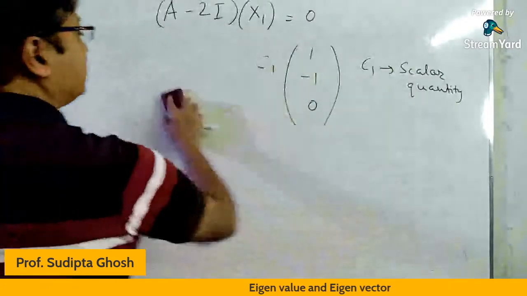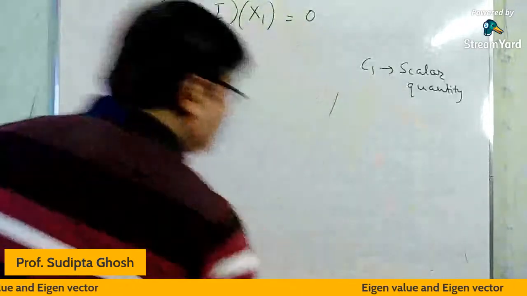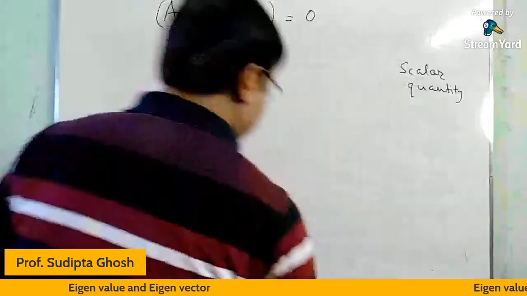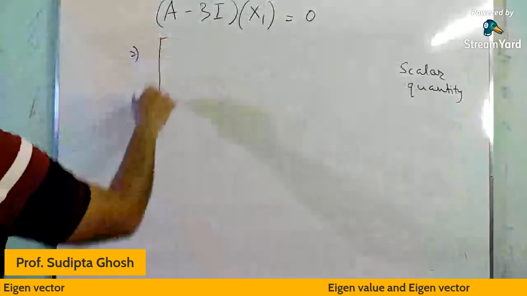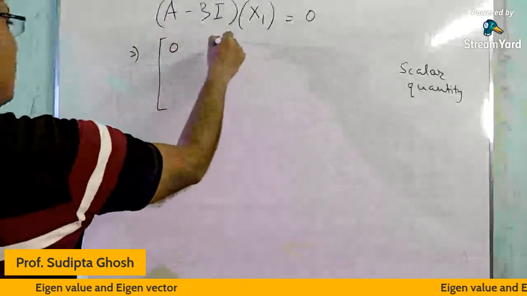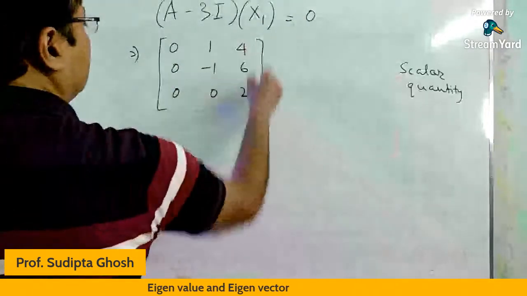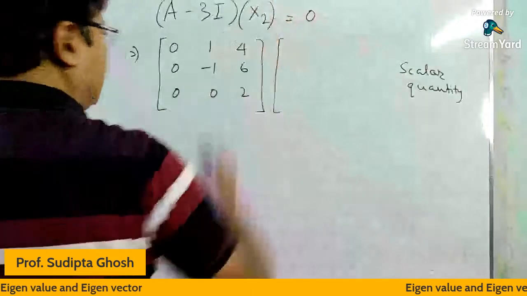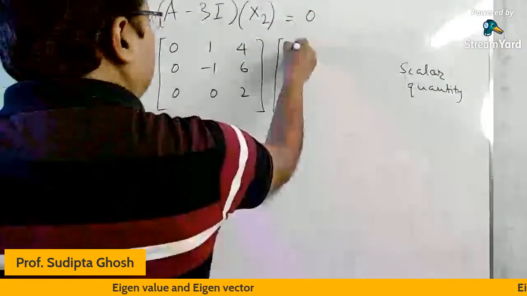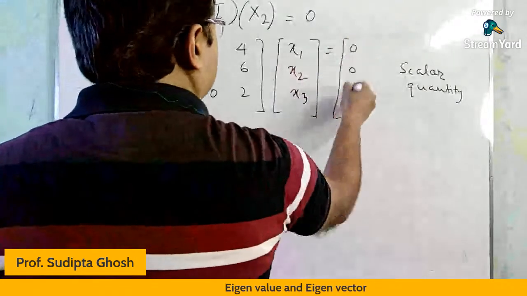For lambda 2 equals 3, this equation becomes A minus 3I times X equals 0. After subtracting 3I from A, we have 0, 1, 4, 0, -1, 6, 0, 0, 2, and here it will be X2 as we are going to find the second eigenvector, with elements x1, x2, x3, and here also 0, 0, 0.